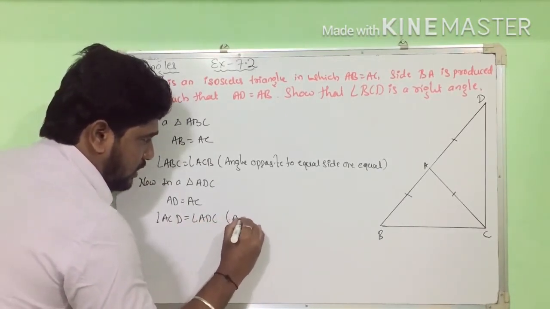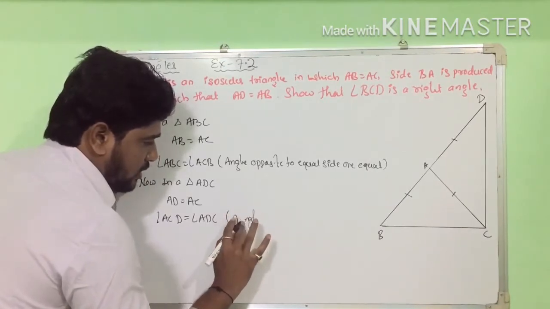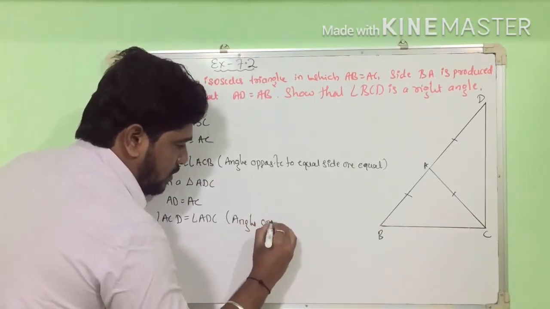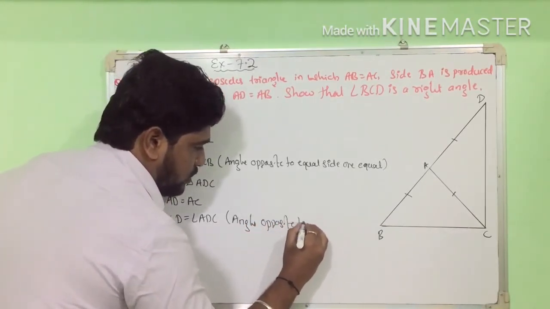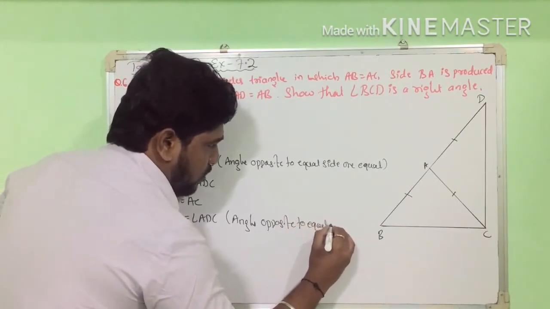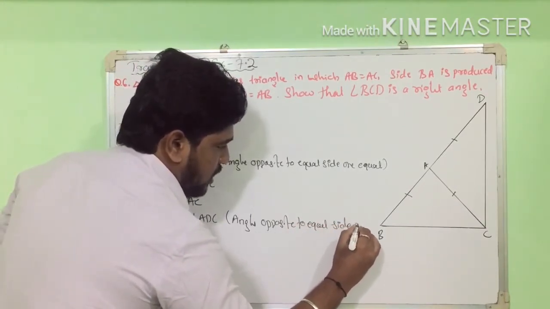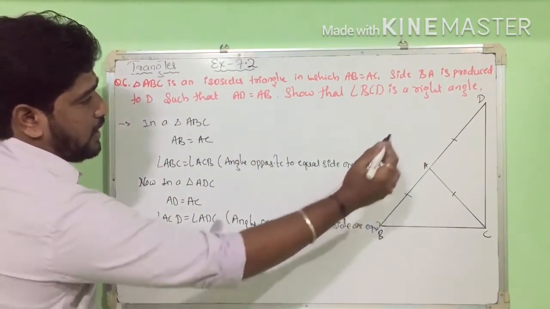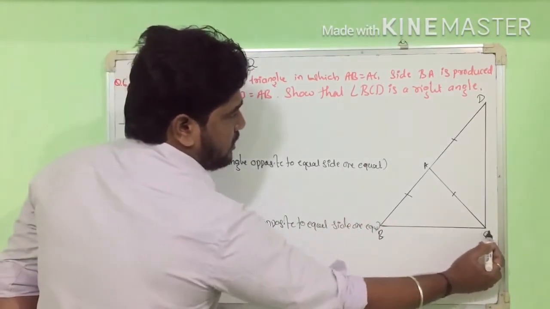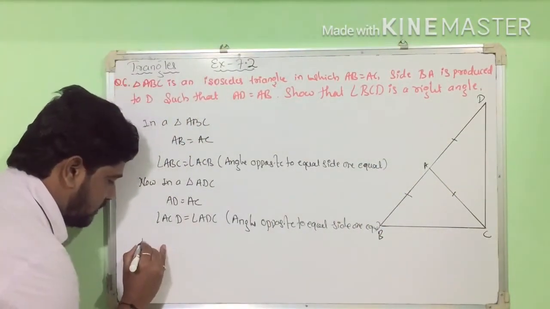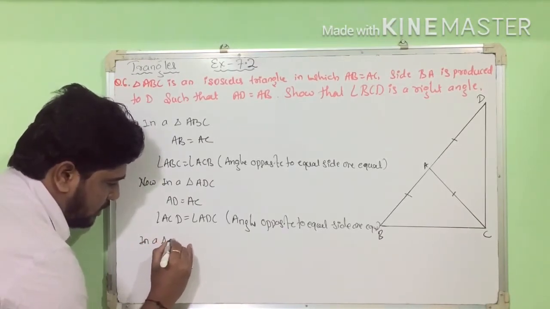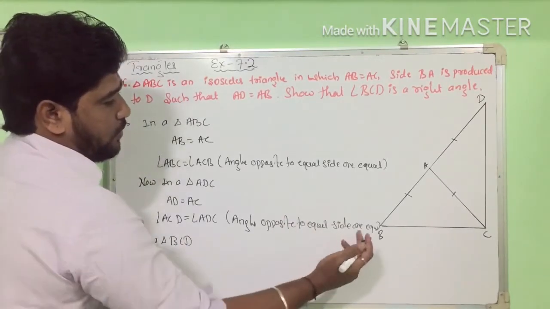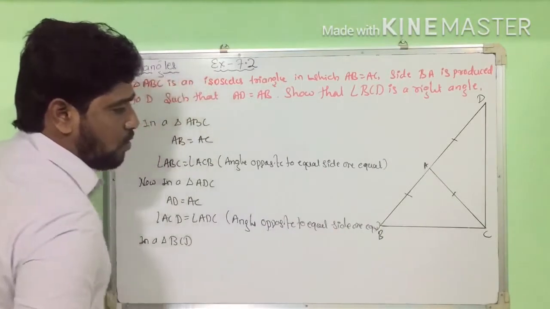So here also, angles opposite to equal sides are equal, right? So now in triangle BCD, apply the angle sum property. It means the sum of these three angles is 180.